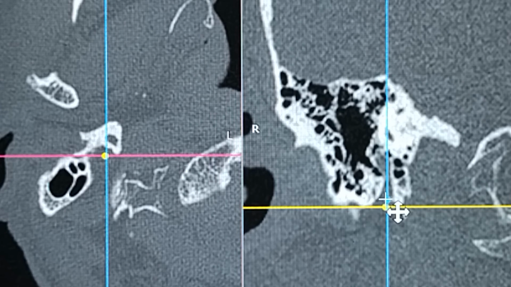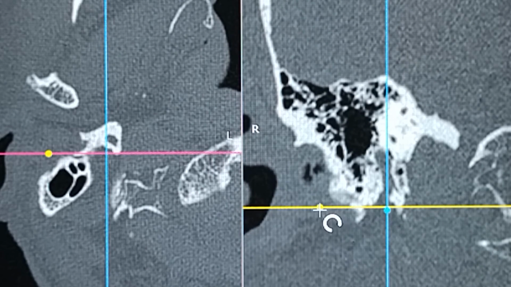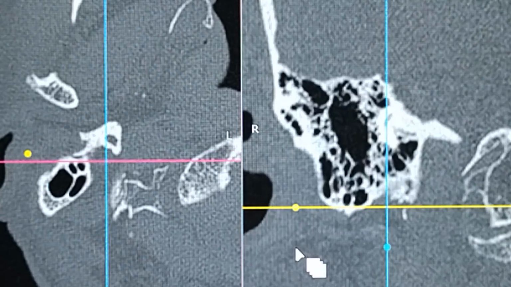So if there's any longitudinal or transverse fracture in cases of temporal bone after accidents, you can actually see whether the facial nerve is involved or not. So that was the facial nerve course on the CT scan.